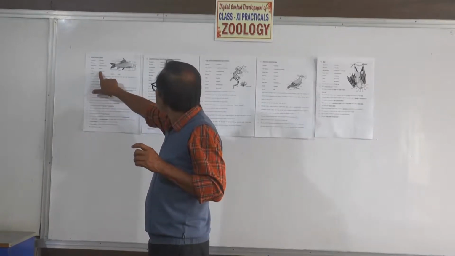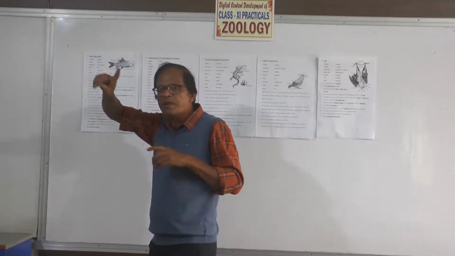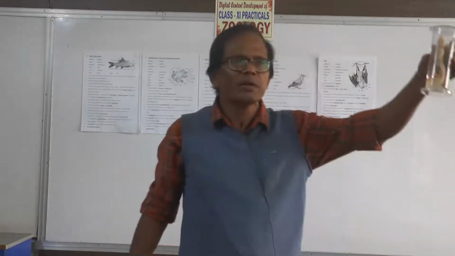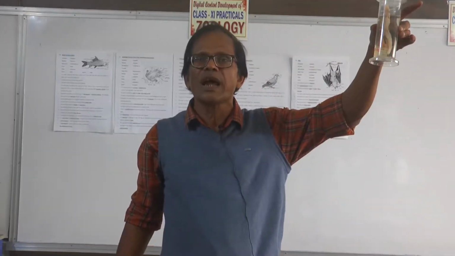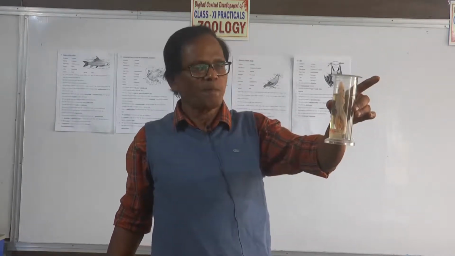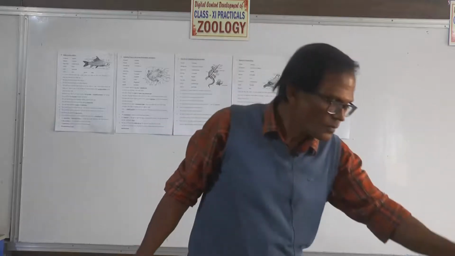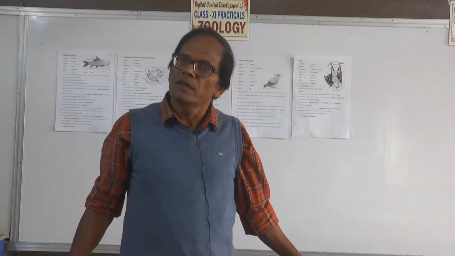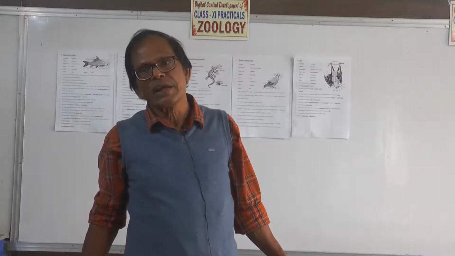Then the class of Scoliodon is Elasmobranchii. Scoliodon is a cartilaginous fish. The endoskeleton is entirely cartilaginous.